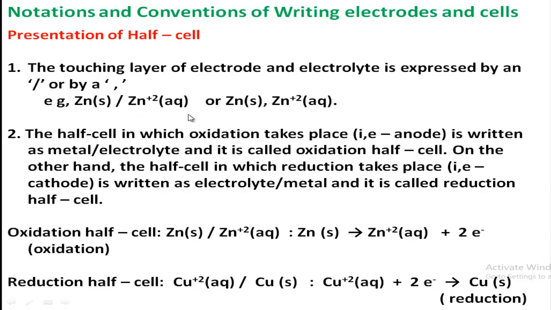Already in the galvanic cell we have seen zinc metal is immersed in zinc sulfate solution. So the touching layer of electrode and electrolyte is expressed by an oblique or comma. That means when we write the zinc sulfate half cell, we have to write zinc oblique zinc ion, that is zinc sulfate, that means zinc ion, or zinc comma zinc ion.